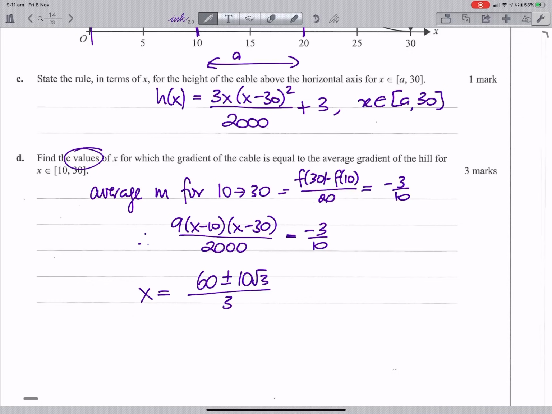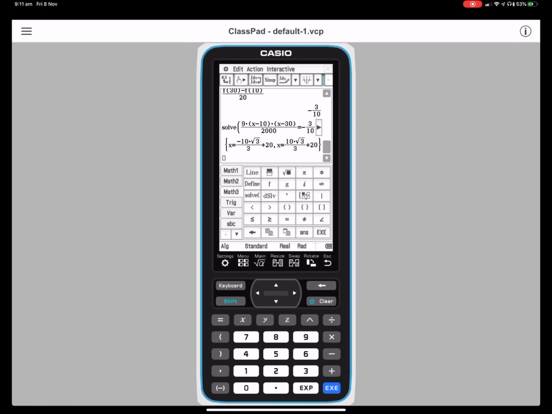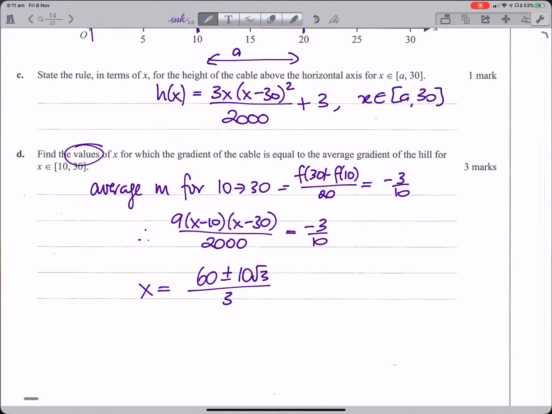So that means if we drew a tangent at those points, we can just check and make sure they're in that domain. 14, 25, so they're fine.